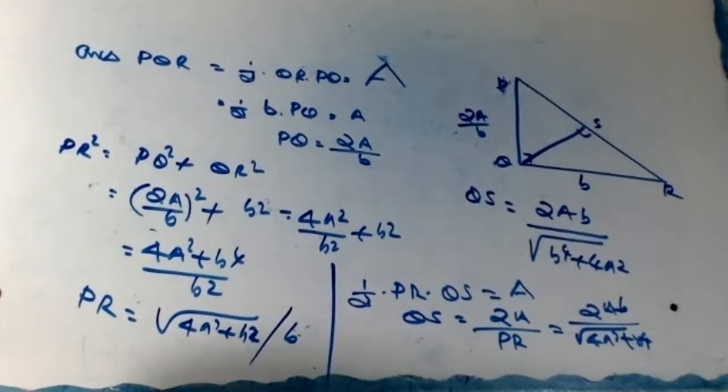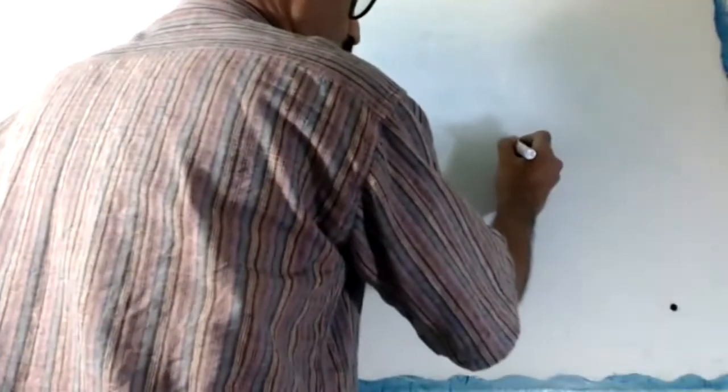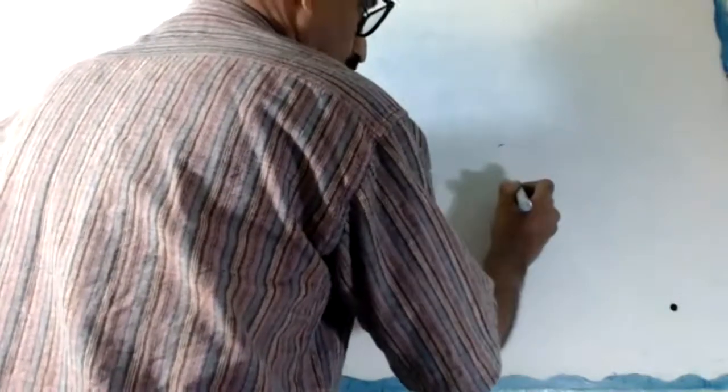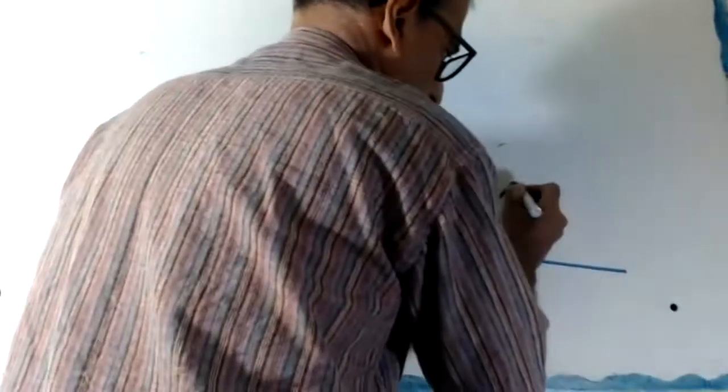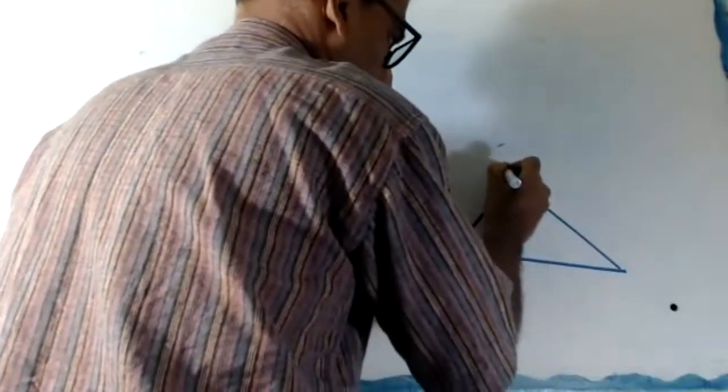Right, in figure, next one. In figure, PS is the bisector of angle QPR.